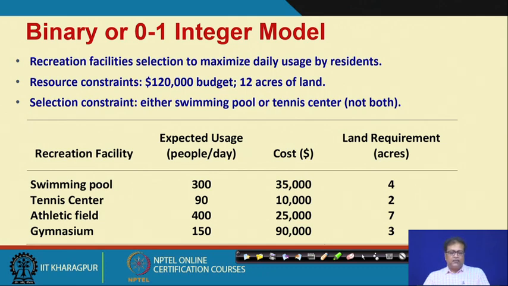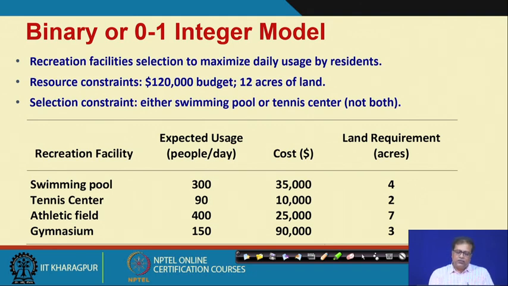Here the difference is that unlike the lathe and press, we are not going to create more than one swimming pool or one tennis center, one athletic field or one gymnasium.